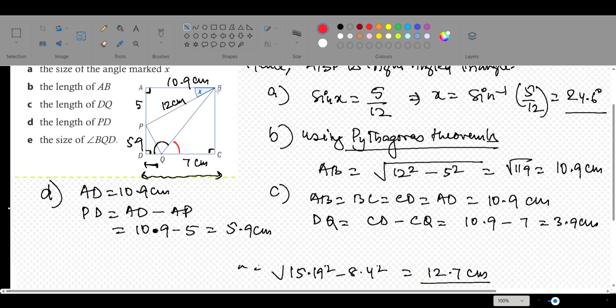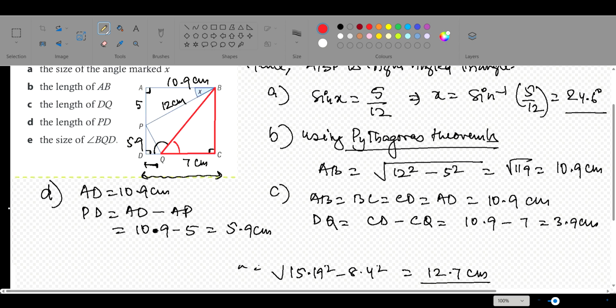Are you getting this? BCQ is a right angle triangle, isn't it? So if we find this angle BQC, the other part would be what? 180 degree minus BQC.